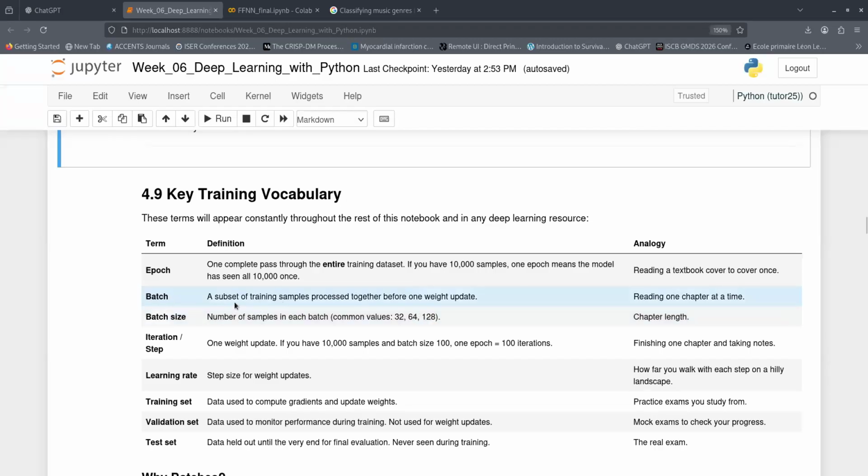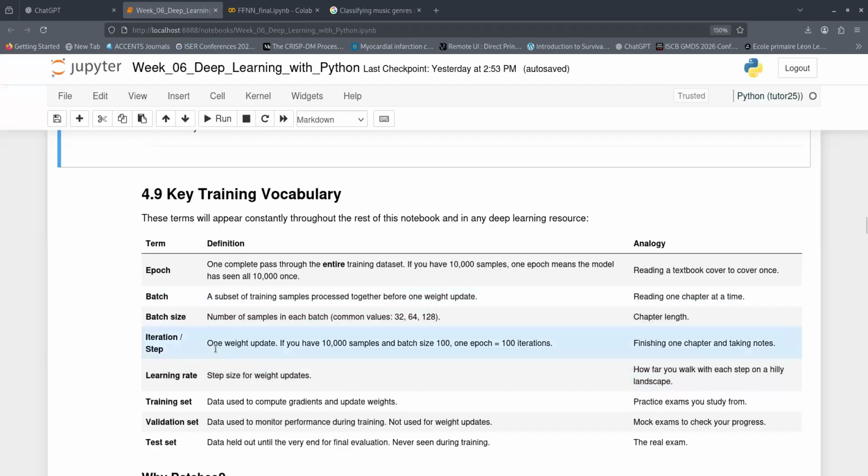This is also one of the strengths of deep learning, because they are taking training samples into subsets, like small packets that you put through.